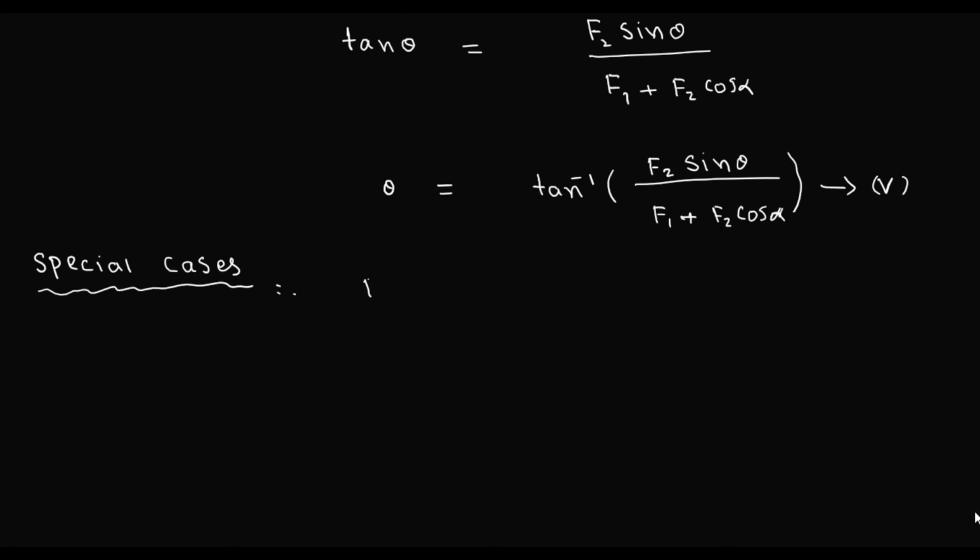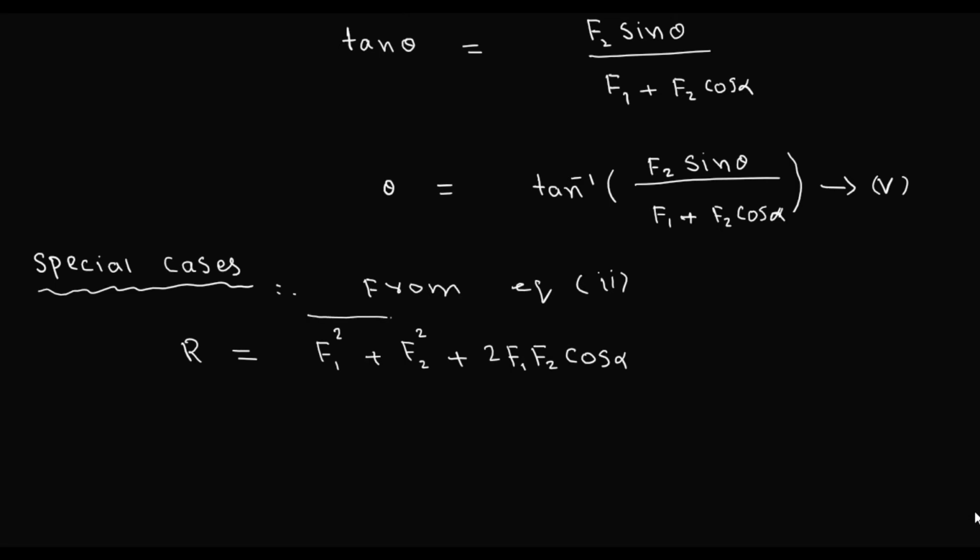Now we want to discuss some special cases. In the first case, first we write the equation. This is not equation 1, this is equation 2: the magnitude of the resultant that we found before, R is equal to the square root of F1 square plus F2 square plus 2 F1 F2 cos of the angle between them.